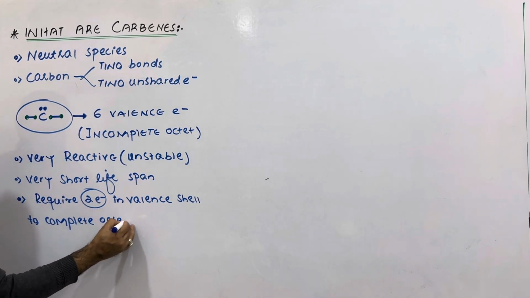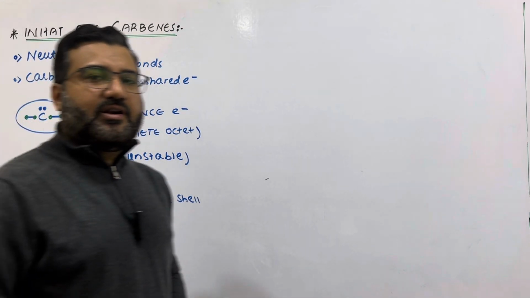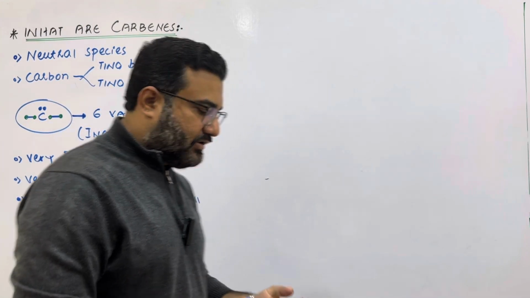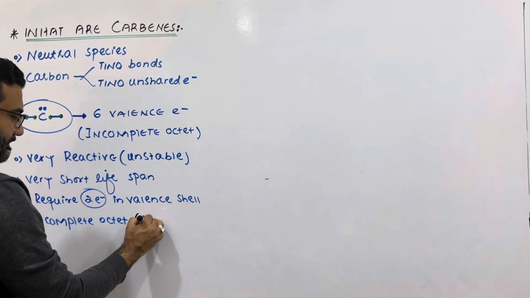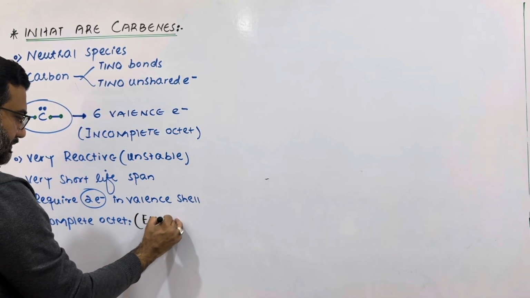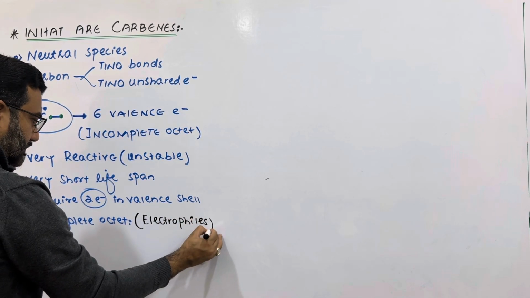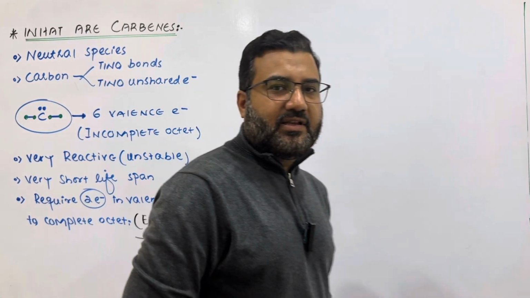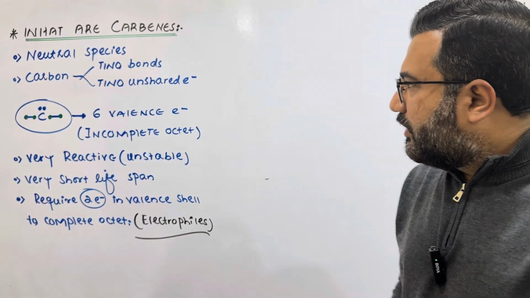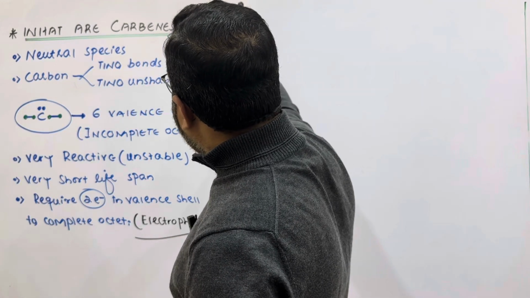And my dear students, any species which is electron deficient and requires electrons to complete its octet acts as an electrophile. So carbenes are very strong electrophiles because they require two electrons in their valence shell to complete their octet. Now, my dear students, how are the carbenes formed?